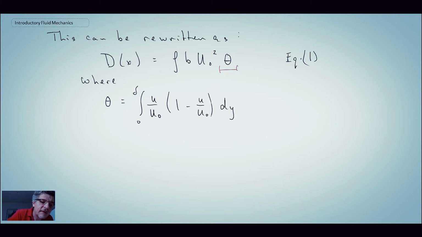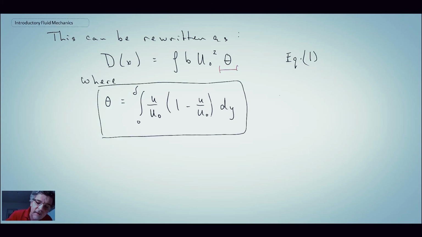And this is the definition of this new term theta that we call the momentum thickness. It's essentially a quantification of the thickness of the shear layer, although not exactly the thickness of the shear layer, but it does give us an indication of that.